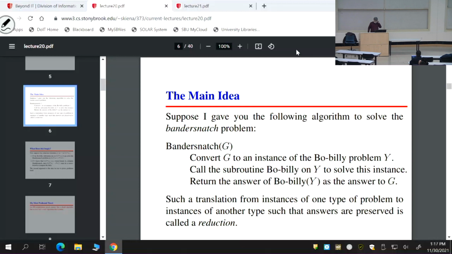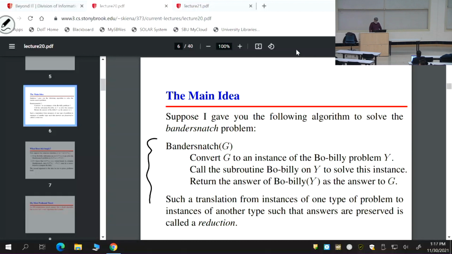Okay, so I'd like to now talk about NP-completeness. And again, I promised you that every class I was going to talk about the exact same slide. This is the big idea about NP-completeness. It has to do with an algorithm for solving the Bandersnatch problem. What is the Bandersnatch problem? It is some kind of decision problem.